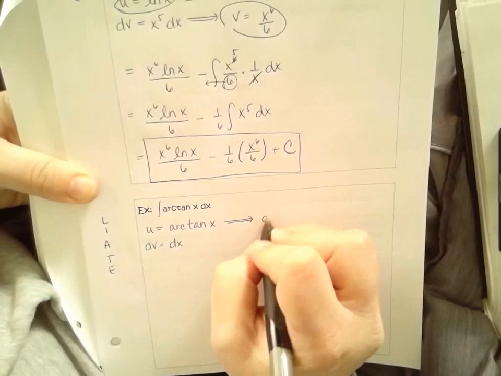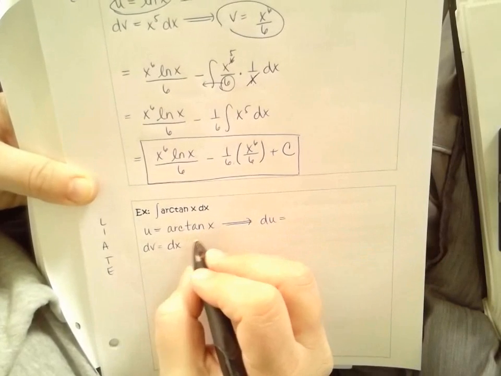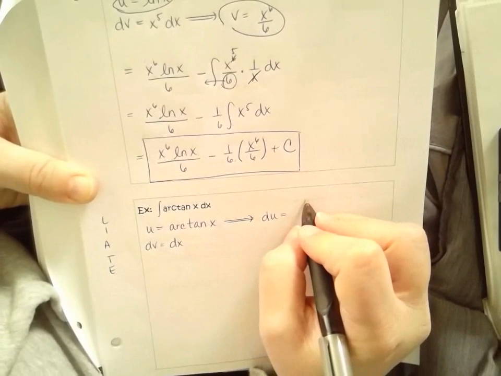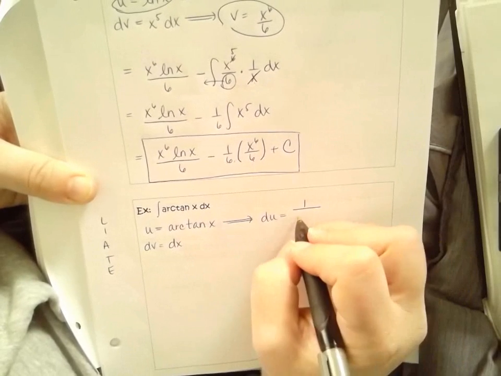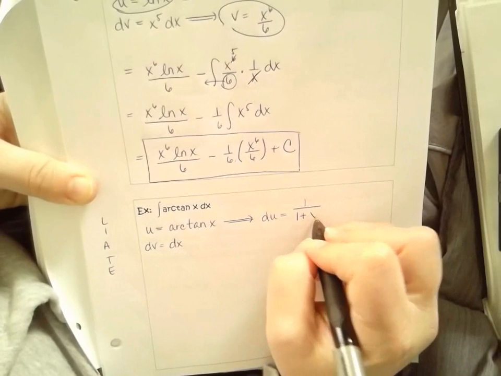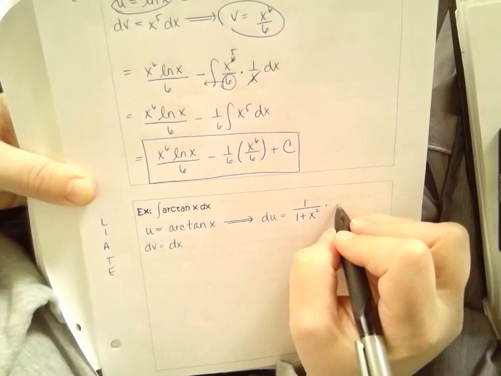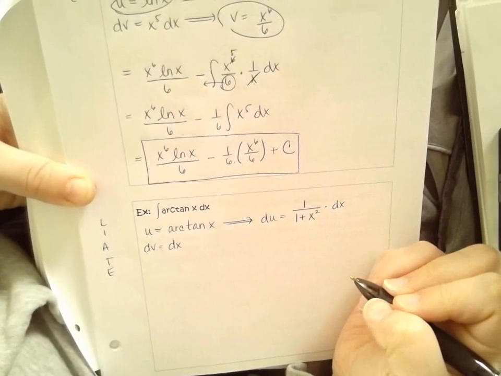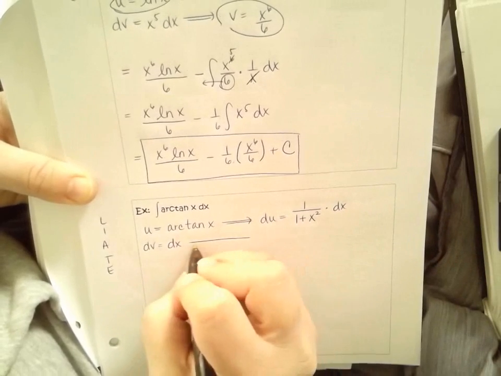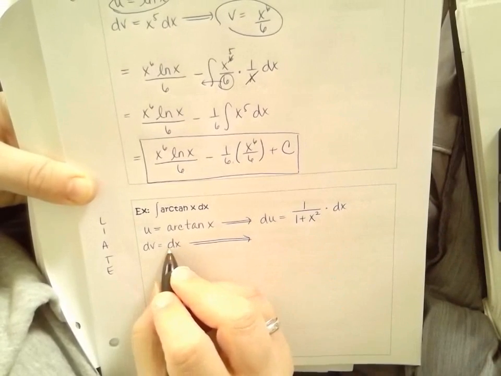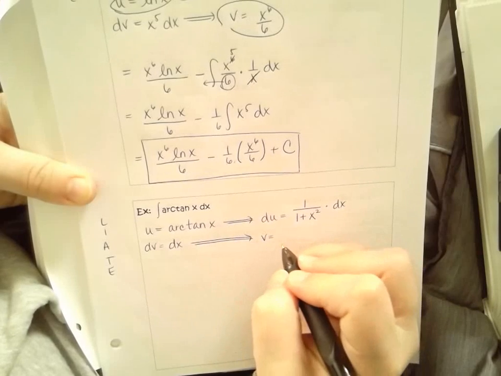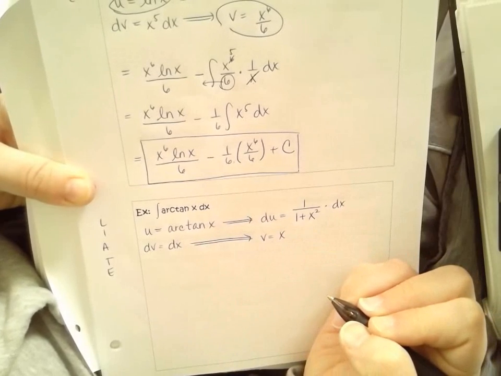The corresponding du is the derivative of arctan. Hopefully you remember it. If you don't, it's 1 over 1 plus u squared, in this case x squared, dx. The derivative of x is just 1, so I'm going to write dx. And then if dx is my dv, v is the integral of that, which would just be x.